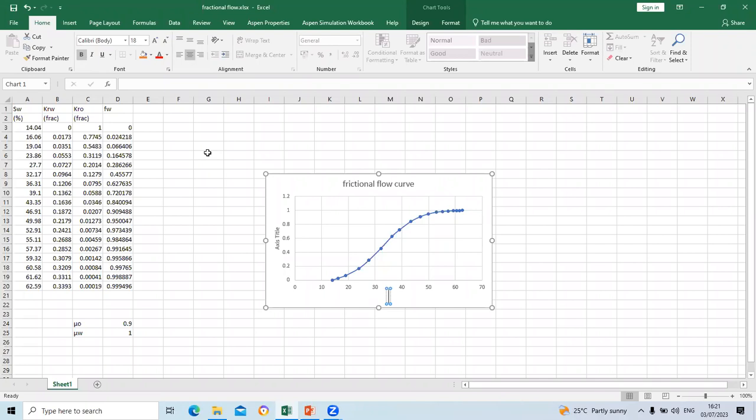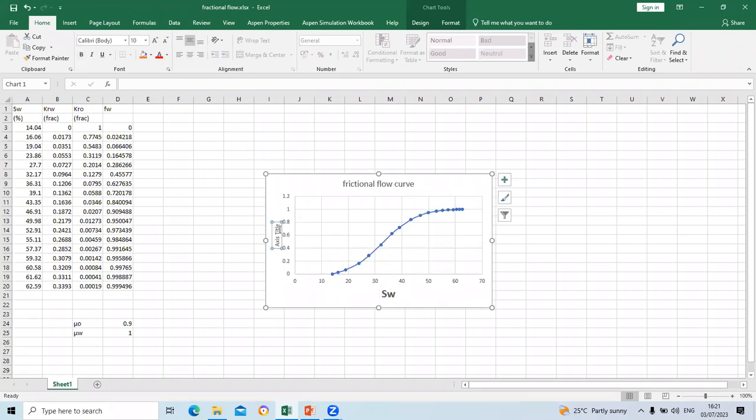Then what we have there is our SW. I will highlight this. I increase the size. Too big. All right. I bold it. What we have there is FW. All right, so that's our fractional flow curve.